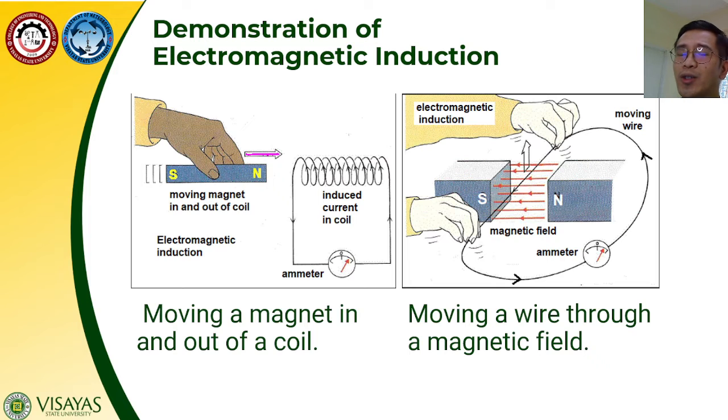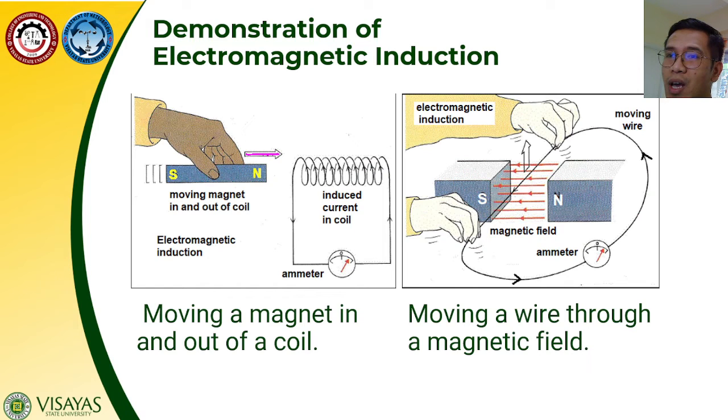So these are another demonstrations, or actual demonstration. Actually, these demonstrations are the same as what we are going to do for our lab exercise number 5. So the left picture, we have a moving magnet in and out of a coil.